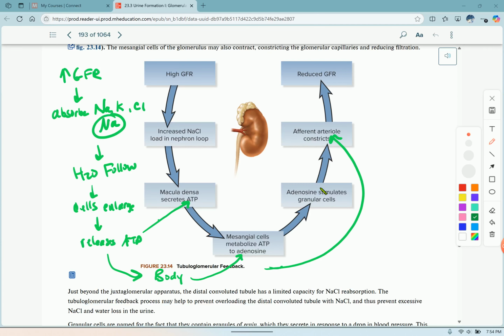So adenosine stimulates those afferent arterioles that go into the glomerulus, and they will constrict. When you take a tube that's nice and open and you constrict it, then you're going to decrease blood flow. So that decreases blood flow, which therefore will decrease your GFR.